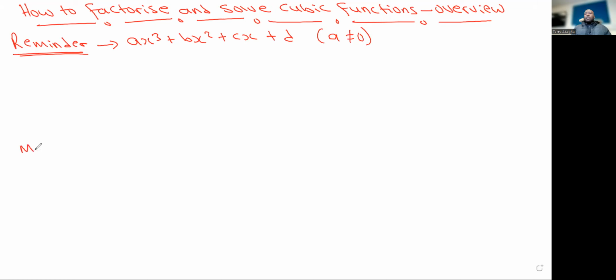So we'll talk about the methods of factorizing or solving cubic functions.